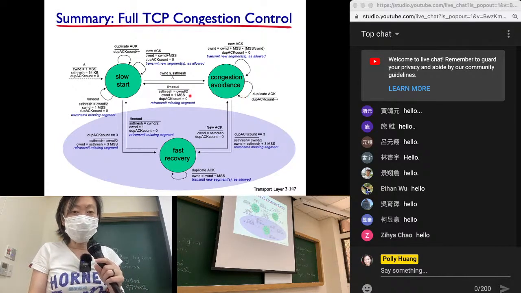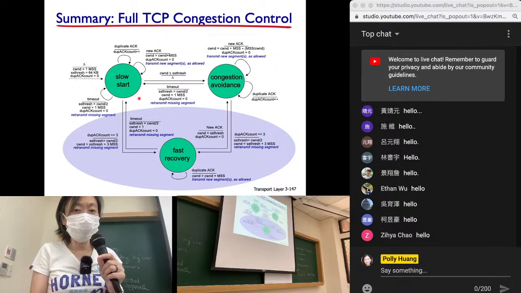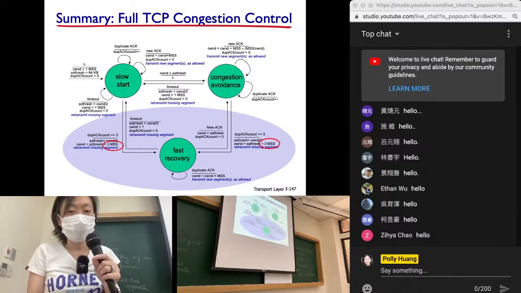So in either case, either slow start or congestion avoidance, when there are 3 duplicate ACKs, we are triggered and move to the fast recovery state. So you see the 3 duplicate ACKs here and here will take us down to the fast recovery state.